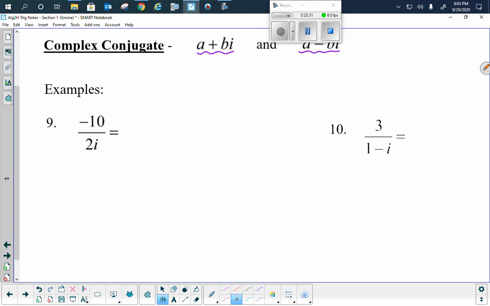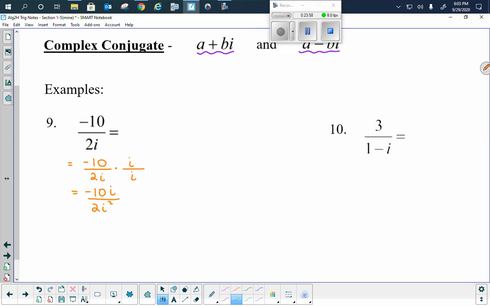But here's what I'm going to say, and this is just from doing this enough times for you guys to get comfortable. If we take negative 10 over 2i and I multiply by i over i, can't change the problem, right? But if I multiply by i over i and I multiply straight across, I'll have negative 10i over 2i squared.